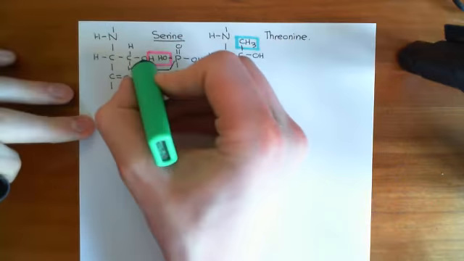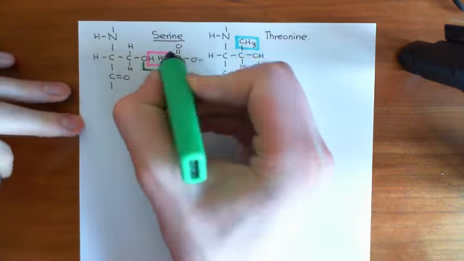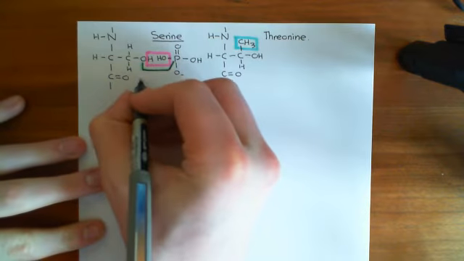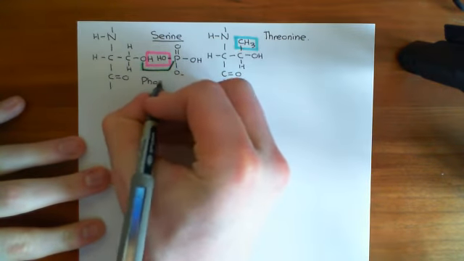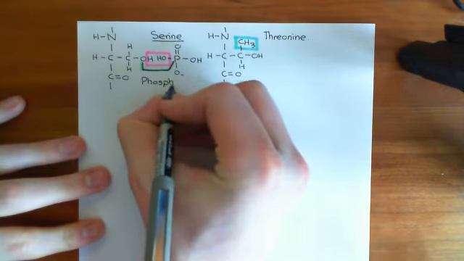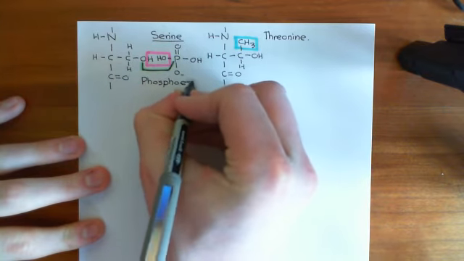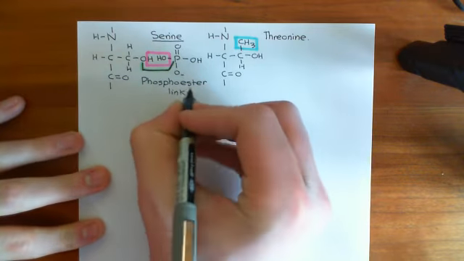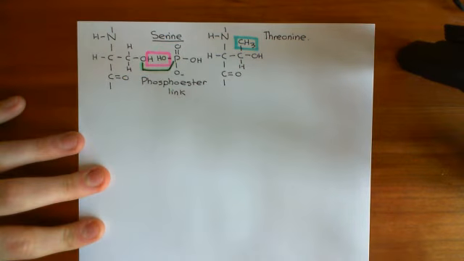This link that we've now formed between the oxygen atom and the phosphorus atom is known as a phosphoester link. So we're going to attach phosphate groups onto serine and threonine residues via phosphoester links, and this is what it means to phosphorylate serine and threonine residues.